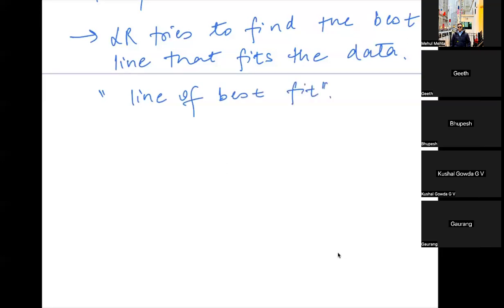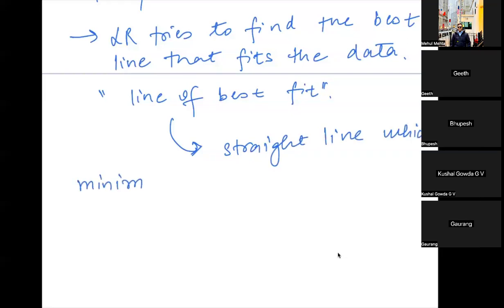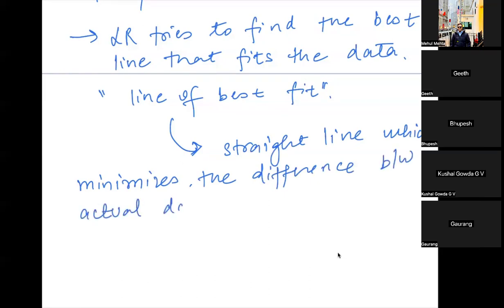You might be thinking, what is the line of best fit? The line of best fit is nothing but a straight line which minimizes the difference between actual data and predicted data.